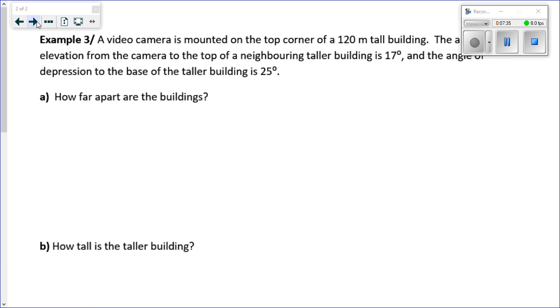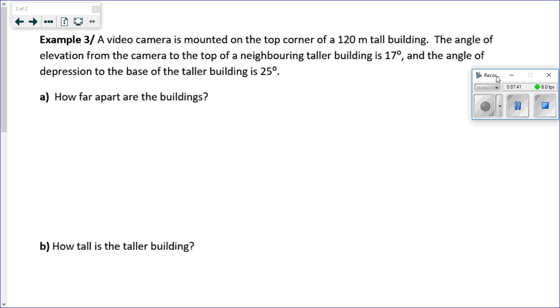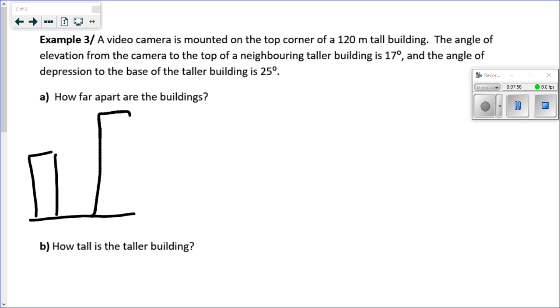A video camera is mounted on the corner of a 120-meter tall building. The angle of elevation from the camera to the top of the neighboring taller building is 17 degrees, and the angle of depression is 25 degrees. So once again, I don't understand. Let's draw a short building. Let's draw a tall building.